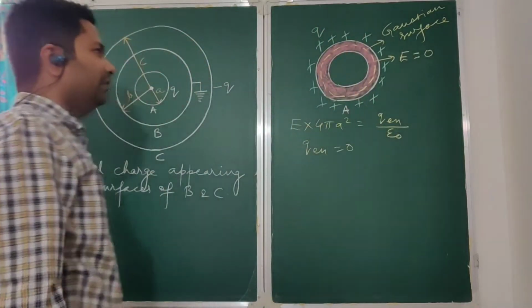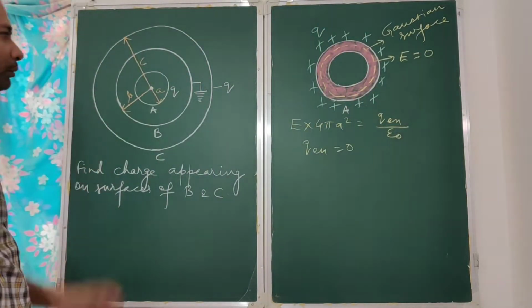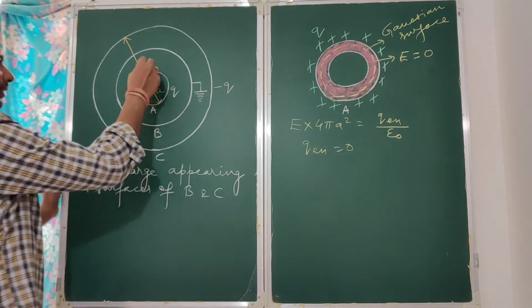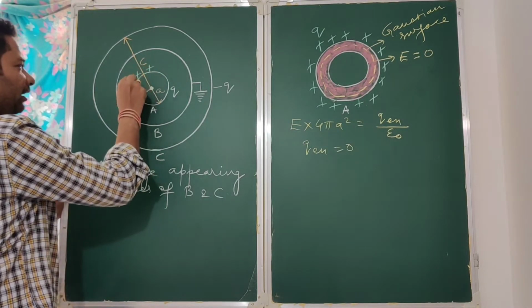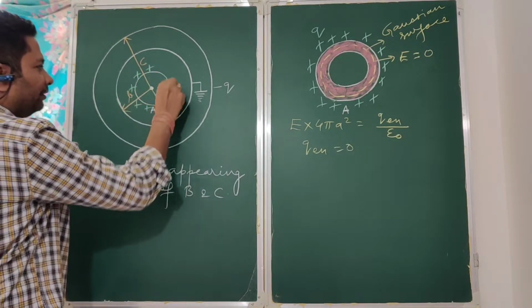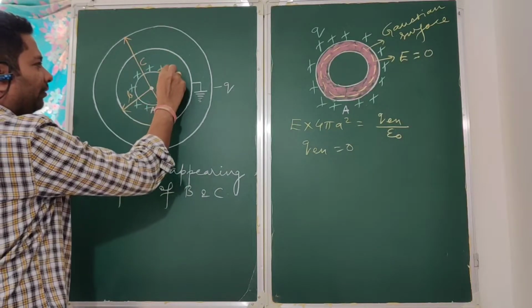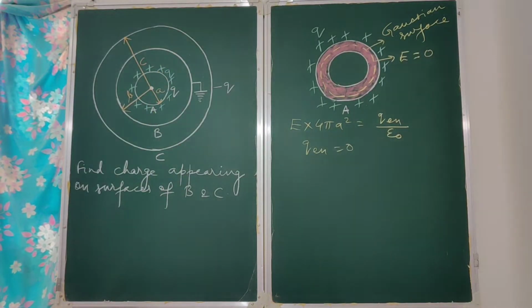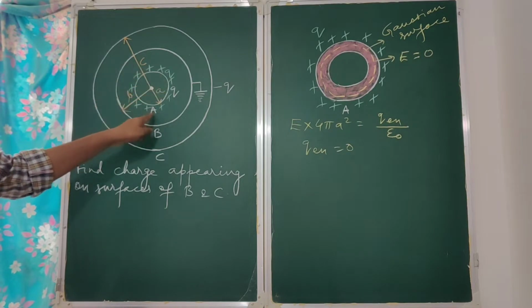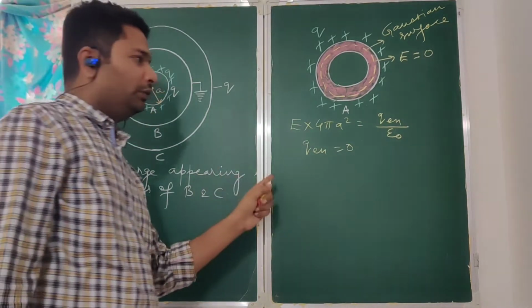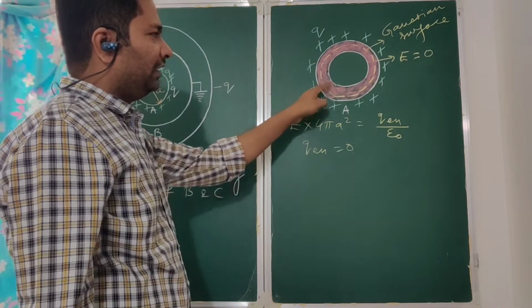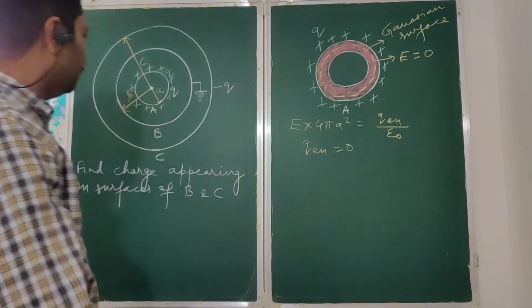And what is that charge? The charge we have given is Q. So this charge Q is distributed on the outer surface, and there is no charge on the inner surface of A. You would have understood why there is no charge on the inner surface. Correct?